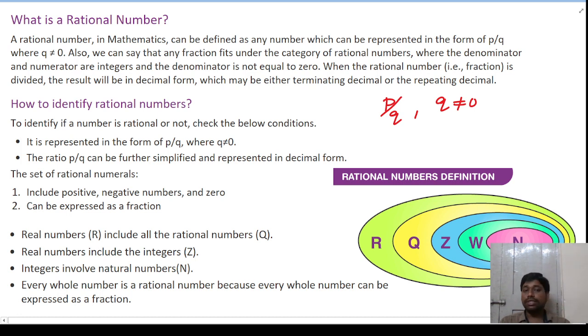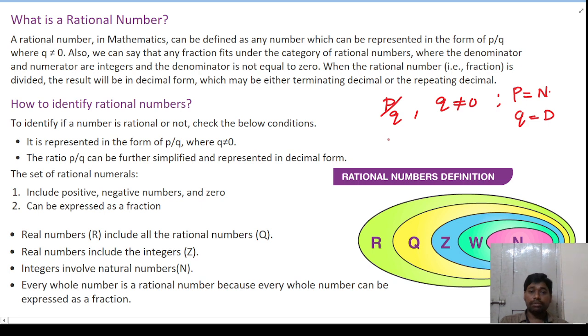So rational numbers can be written in the form of a fraction. p is called the numerator and q is called the denominator. So a rational number can be written in p by q form.